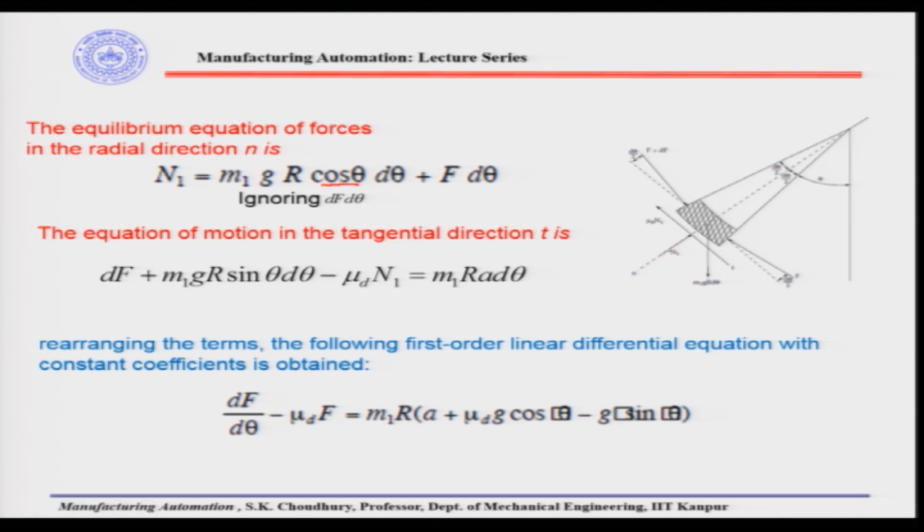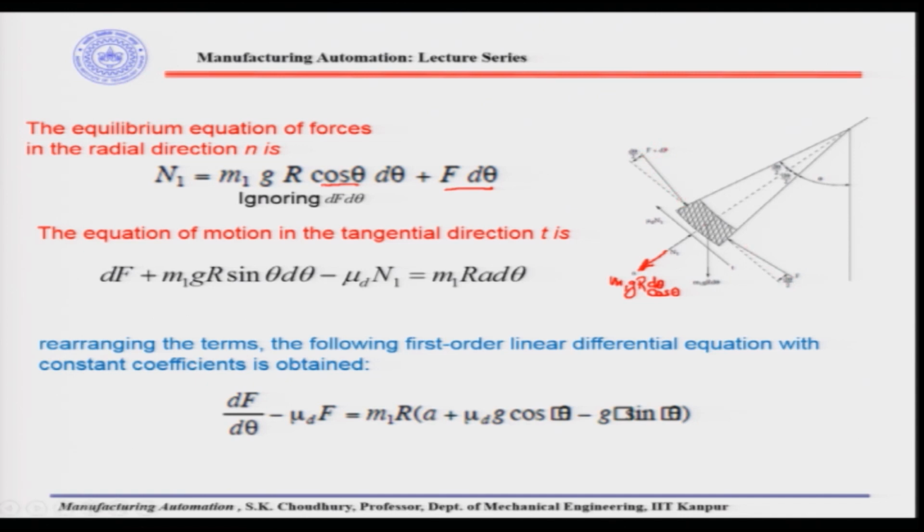In the direction of n1, we will have N1, and this force component will be in this direction. Okay. This will be m1 g r d theta and the cos theta. So, since it is opposite to n, this will be m1 g cos theta d theta plus F d theta. F d theta is coming from here, that is, this is the F and this is the F plus dF.